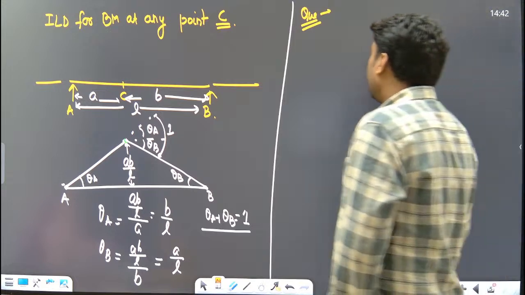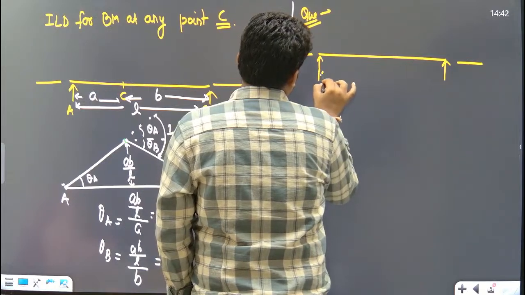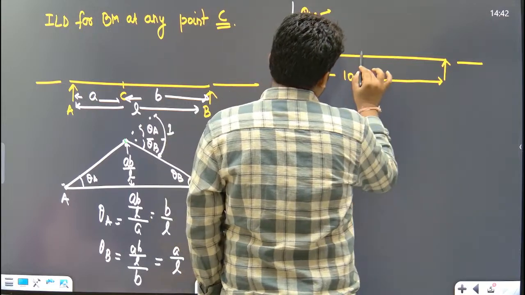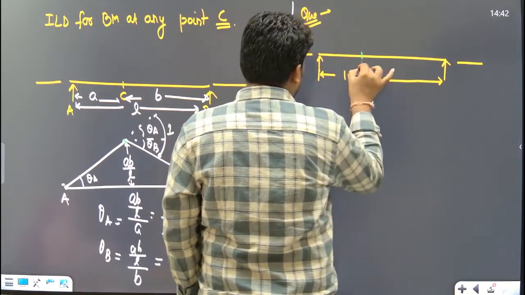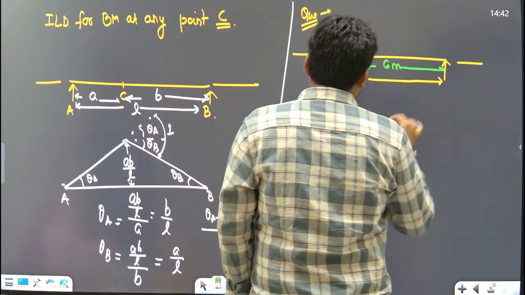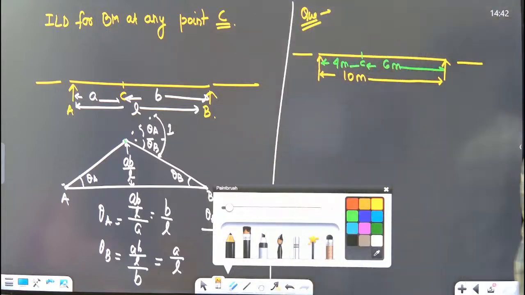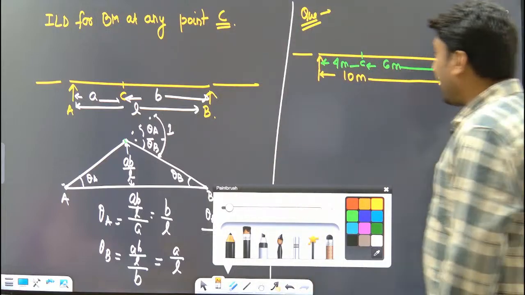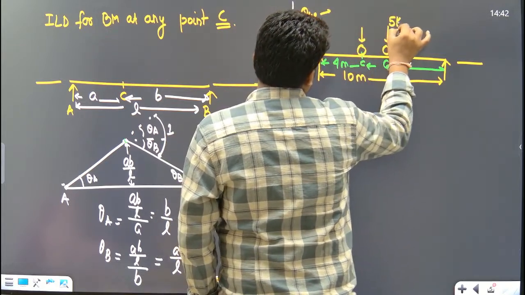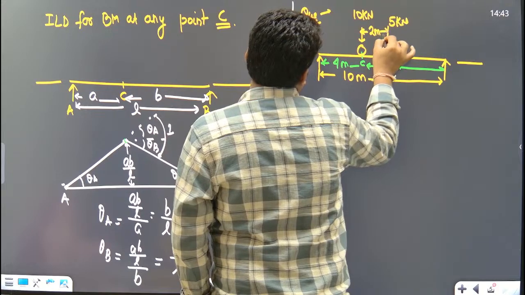So now look, this is a simply supported beam of span 10 meter, and I need to find the maximum bending moment at point C. What is the maximum bending moment at point C when 2 point loads, 10 kilonewton and 5 kilonewton, which are 2 meter apart, are moving?